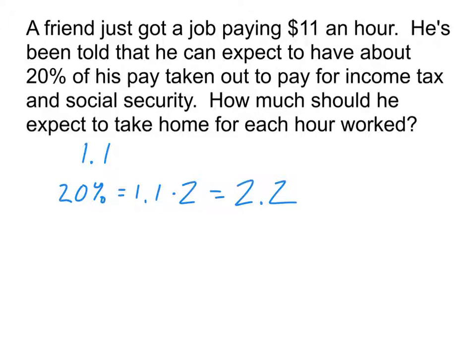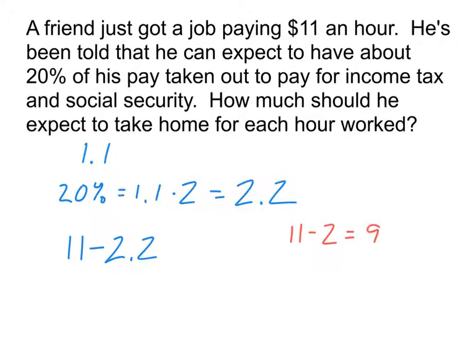But how much are we actually going to get home? Because right now what you really care about is how much do I get to spend when this paycheck comes. So we would then do 11 minus the 2.2. Now, if some of y'all have trouble subtracting with the decimal, I'll show you a little trick here. What is 11 minus 2? 9.